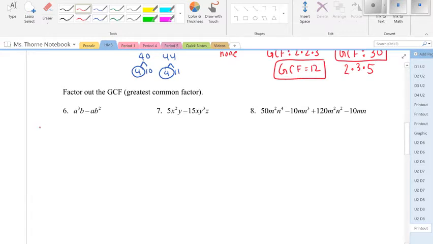So a cubed is the same thing as a times a times a, 3 a's. And then of course we had the b minus a, and then b squared would be b times b. So if we're looking for common factors, we have a and also a b. So that means my greatest common factor would be ab.